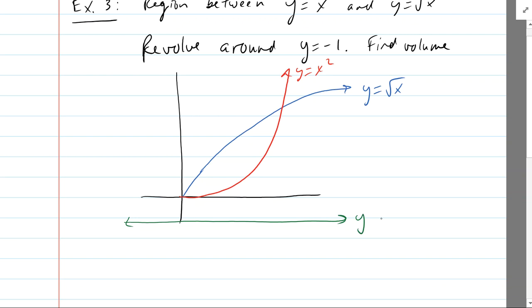It is y equal to negative 1. This is what I'm revolving around. Since I'm revolving it around something that's parallel to the x-axis, does that mean all my cross-sections are vertical? I'm doing this region right here. Right? That's my region. And my cross-sections are perpendicular to the x-axis. So what's everything with respect to? Yeah, with respect to x.